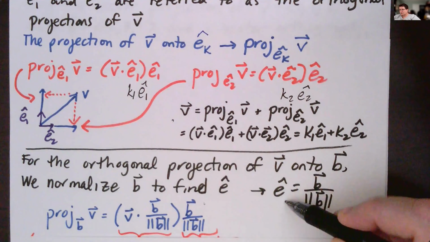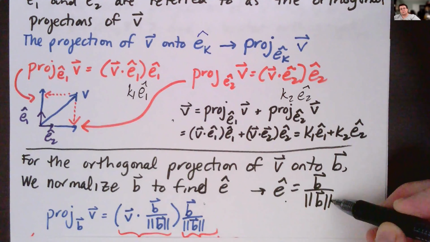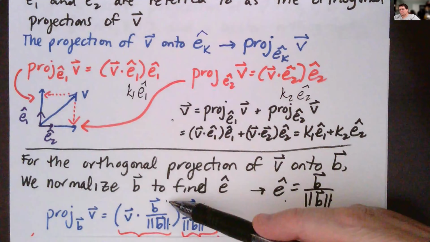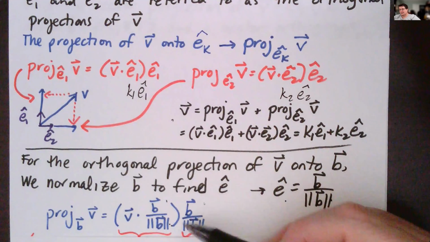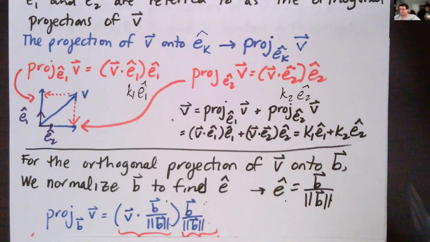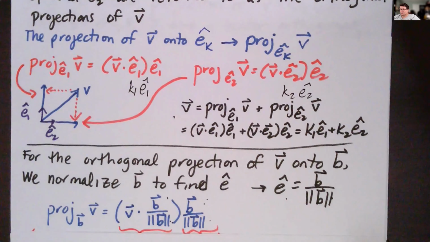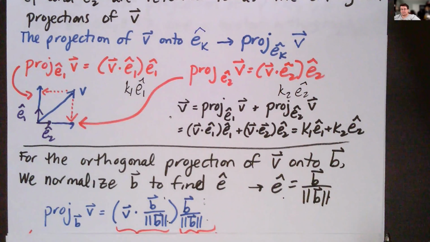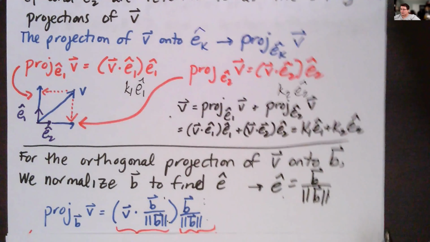Well, that's our E. We're substituting in B over the norm of B. So vector B over the norm of B on the inside times the vector B over the norm of B on the outside. That is the projection of V onto B, where B is any vector, not just a unit vector.